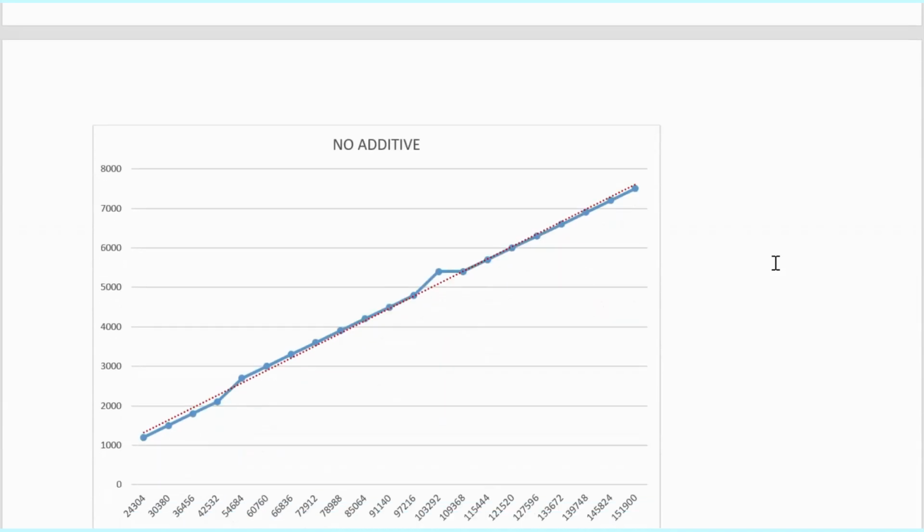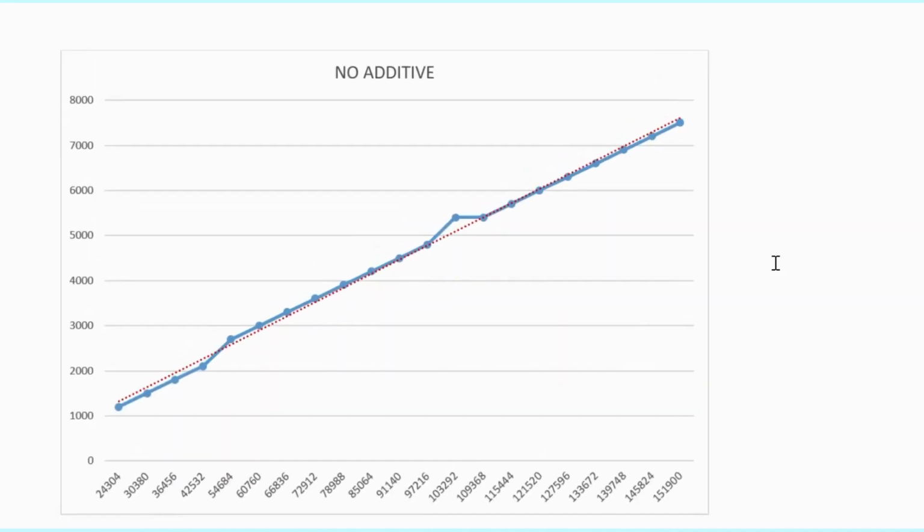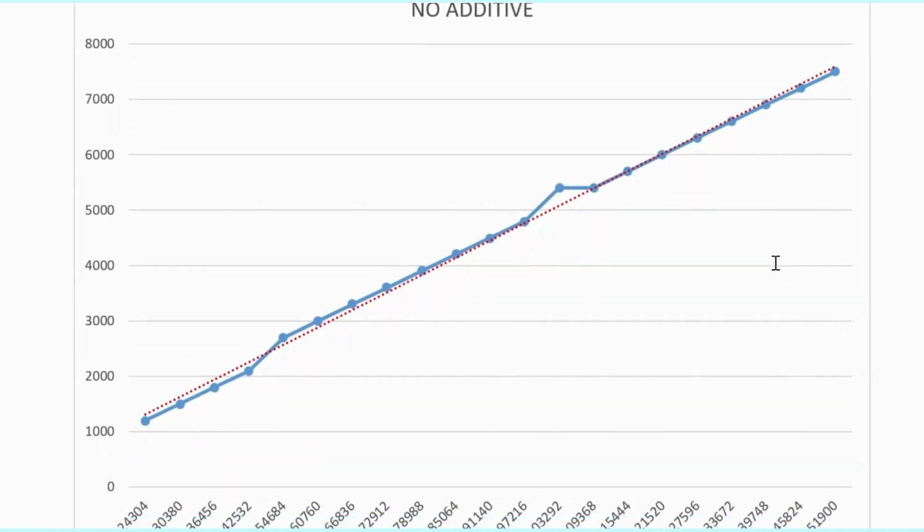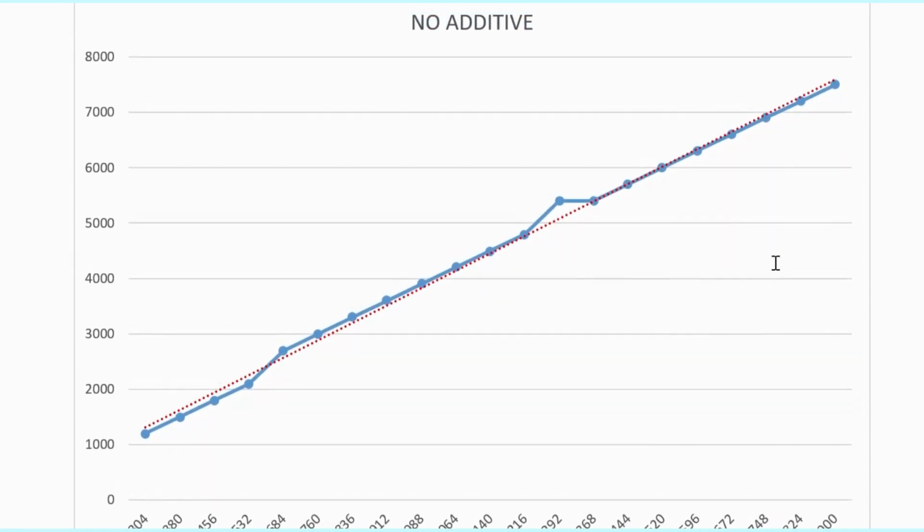What I've done here is that I've tried to produce some graphs. I have made a graph of the vertical height against the horizontal distance. This first graph which you see here is when we don't have any additives.